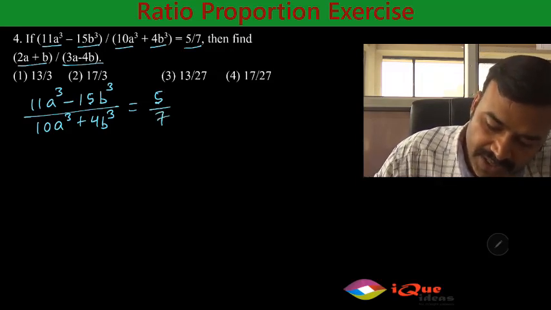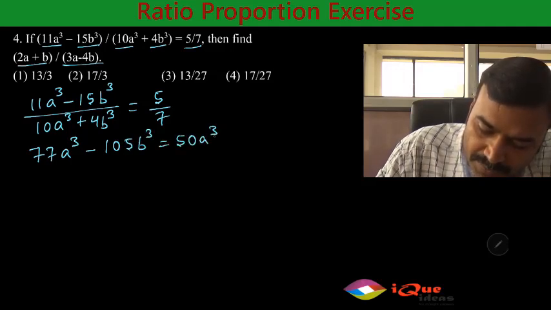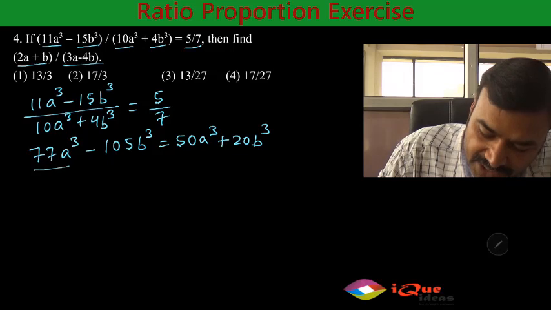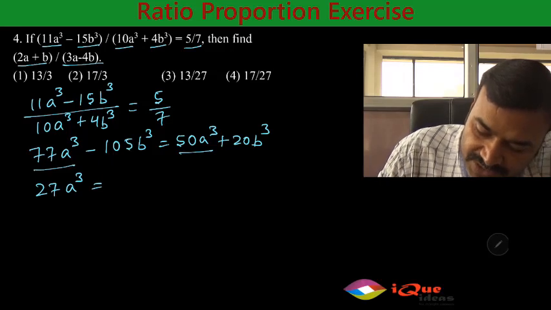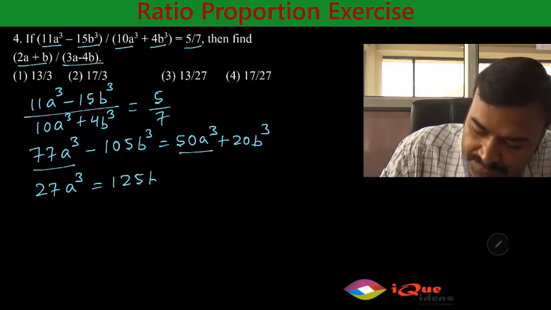Let's cross multiply. We'll get 7 into 11 is 77a cube minus 15 into 7 is 105b cube, equal to 5 into 10 is 50a cube, plus 5 into 4 is 20b cube. So 77 minus 50, let's bring them together on the same side, so it becomes 27a cube, and 105 goes to the other side, so it becomes 105 plus 20, that is 125b cube.